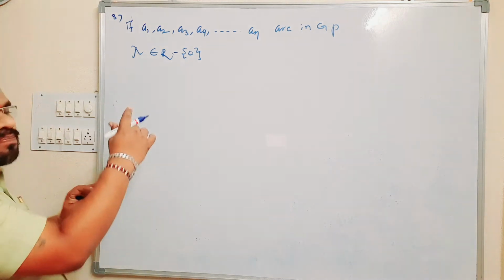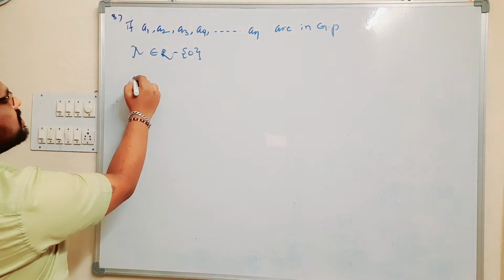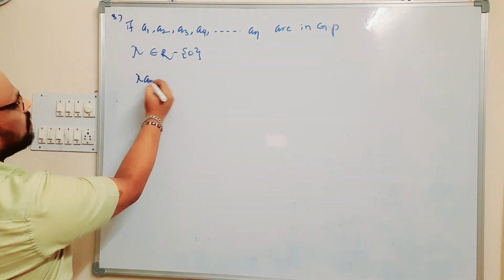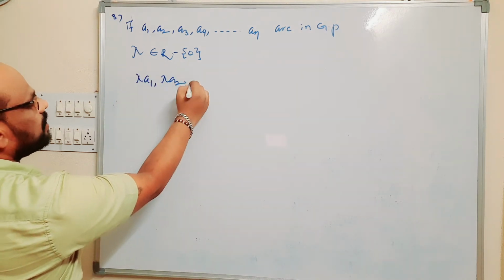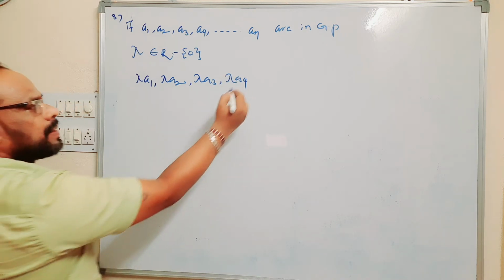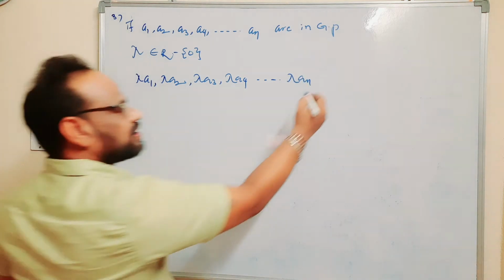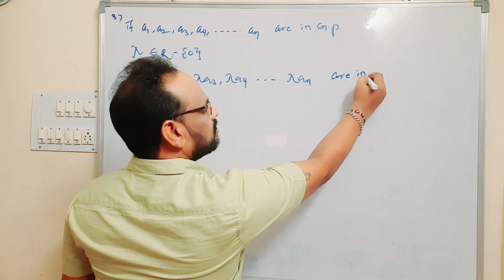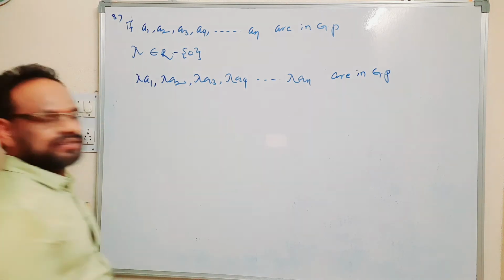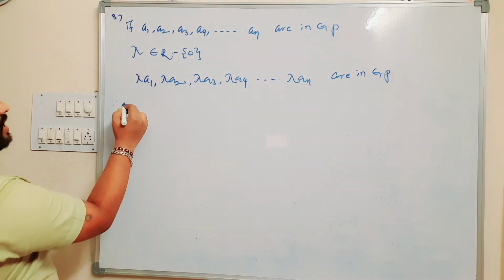If we multiply each term by lambda, that is lambda times a1, lambda times a2, lambda times a3, lambda times a4 and so on, lambda times an are in geometric progression.